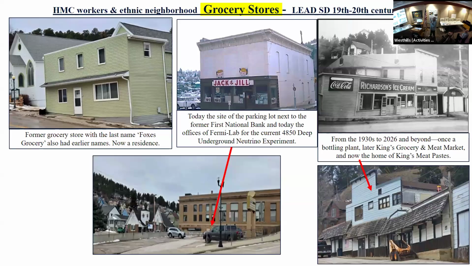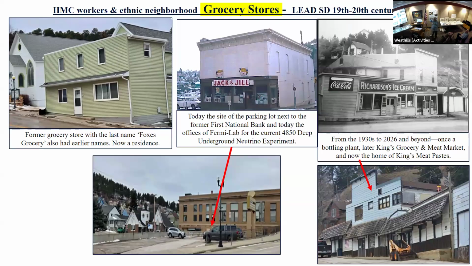And these are a few of the buildings or locations that are still standing or were standing in Lead that had the grocery stores. This one in the upper left-hand corner, the last name that we can come up with is Fox's. And what street is that? South Main, right, South Main Street.